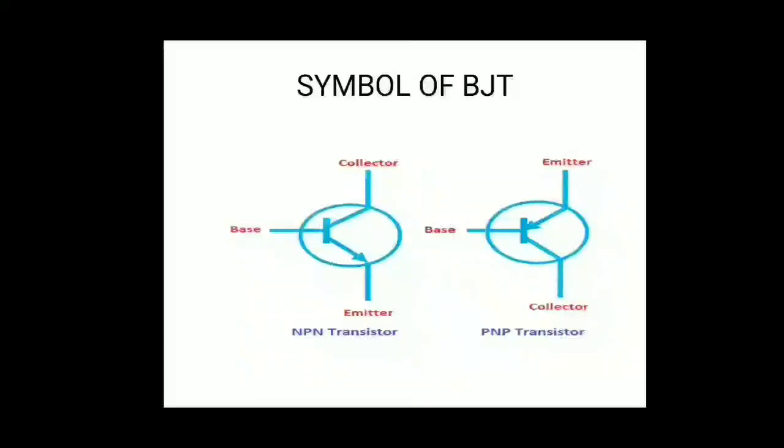In the NPN transistor, at the emitter terminal the arrow mark is outwards, in the sense the conventional current flows out of the emitter. Same as in the PNP transistor, the arrow mark at the emitter is inwards to the base. That shows the conventional current entering the transistor. So, that is the symbol of BJT.